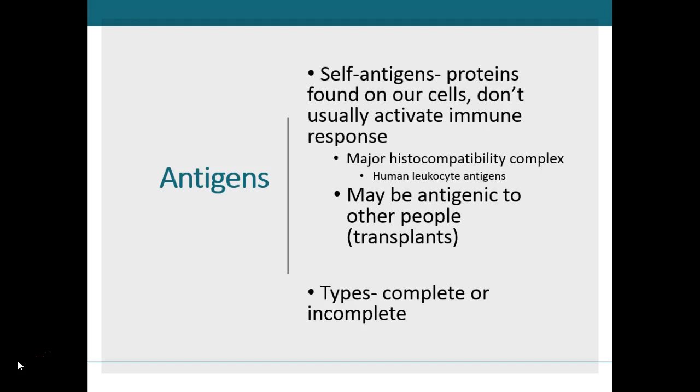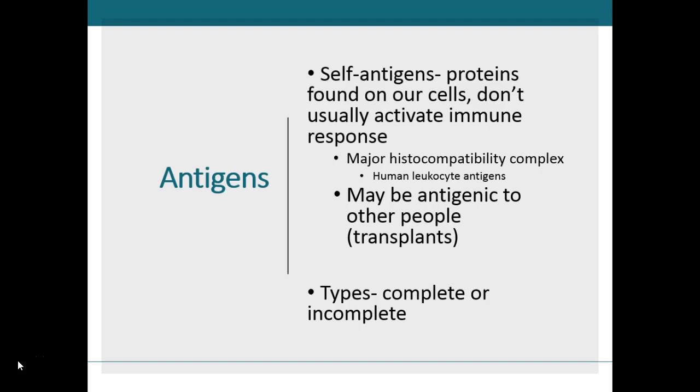Located in cell membranes of body cells are self-antigens, the major histocompatibility complex antigens. Okay, so histocompatibility, compatible with body tissues. These transmembrane proteins, remember transmembrane means that it goes all the way through the membrane.